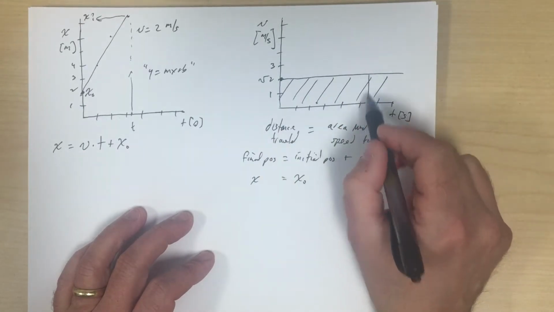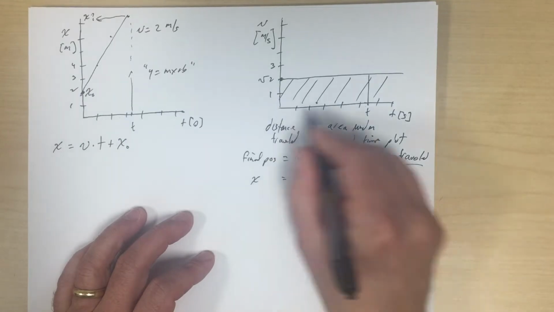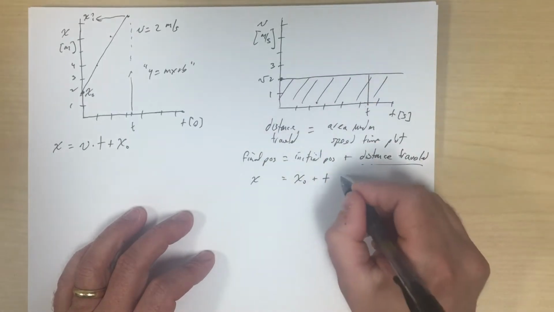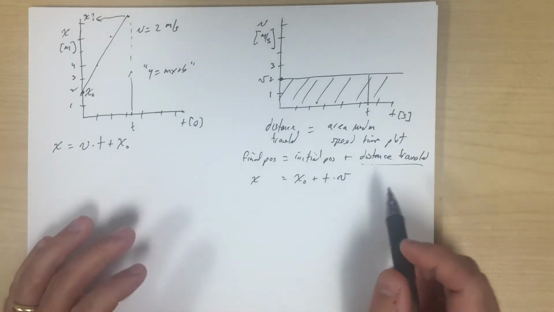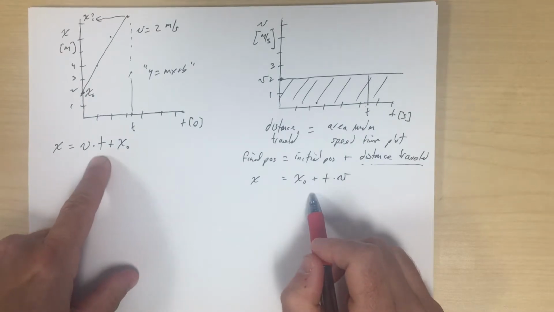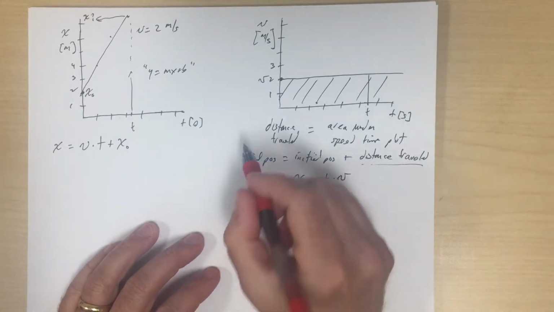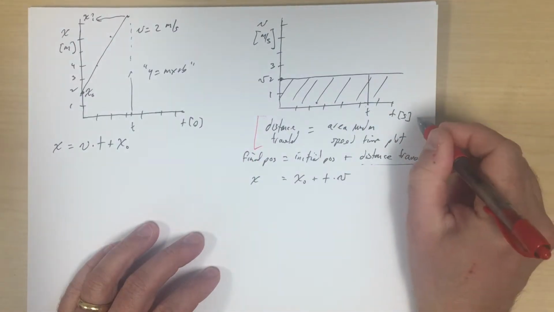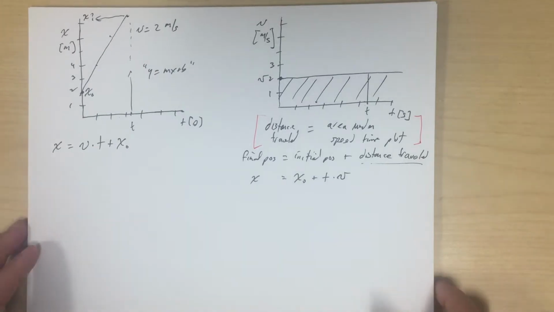We simply have a rectangle, base times height. The base is the time, the height is this constant speed, called v0. So it's the same equation in both cases. Now this idea, which is very important, works for any shape of a speed-time plot.